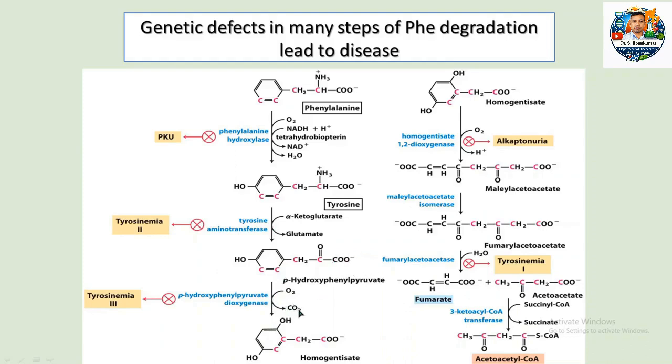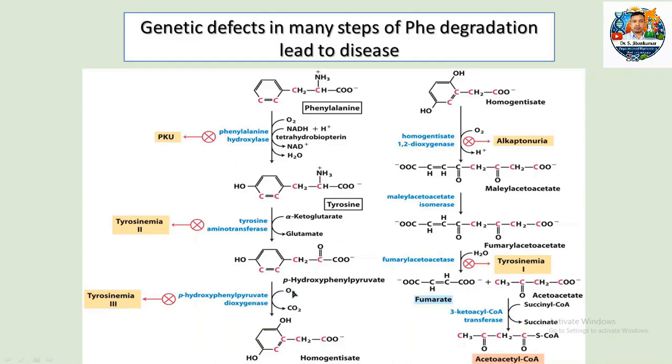So in this reaction, what is occurring is that this carboxyl group goes as carbon dioxide. One of the oxygens is used to hydroxylate the phenyl group, and another oxygen will come here to form a new carboxyl group.